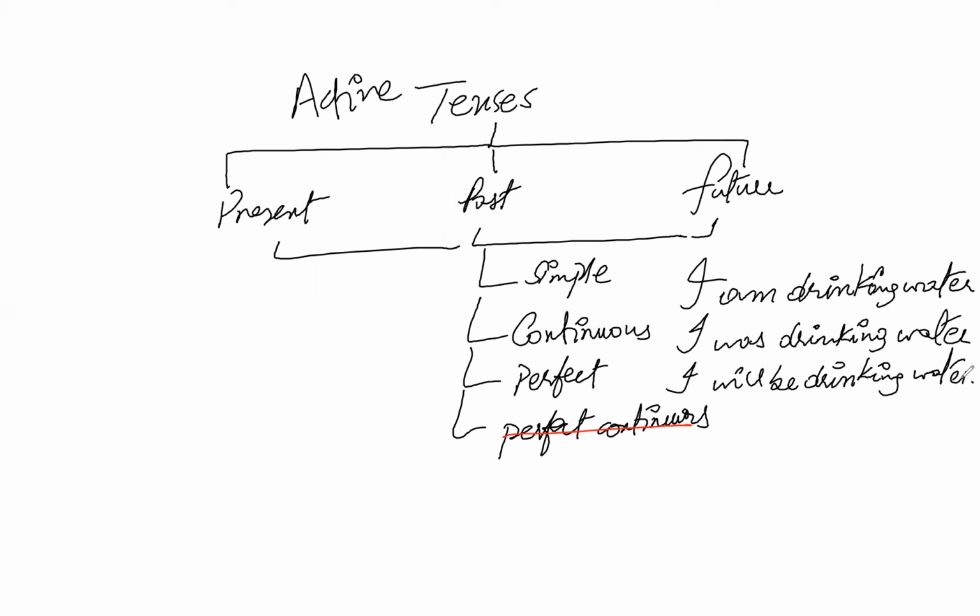So here, the passives of these would be, oh, sorry, this is not what's going to happen. Water is going to be placed first, okay? That's as we all know, because the object falls on the top of the sentence. Water is being drunk by me, right?